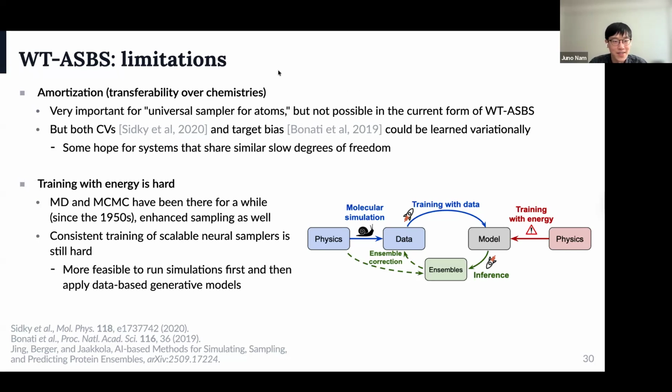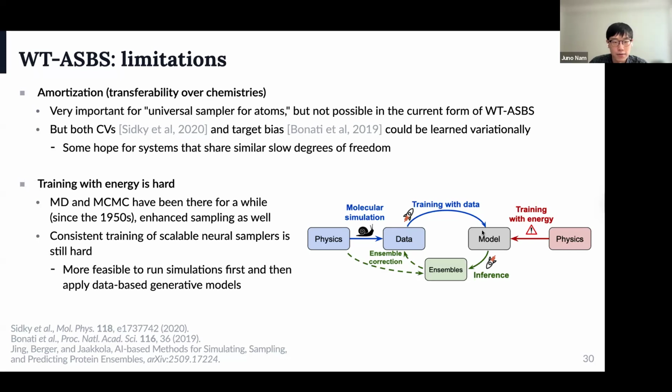And secondly, there is a broader limitation: training with energy has been much harder than training from data. So training diffusion samplers with energy has to always compete with just generating data from existing molecular simulation and training a diffusion model from a database.